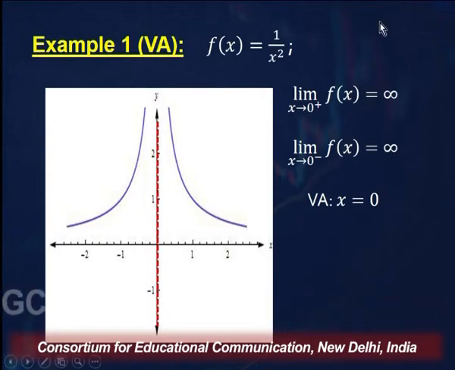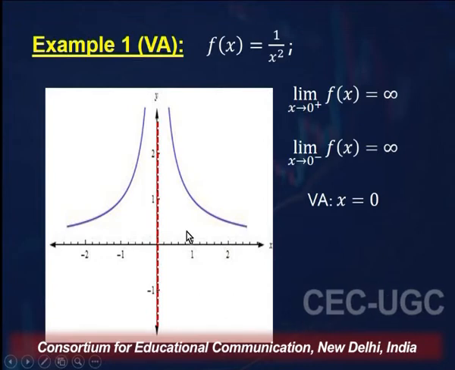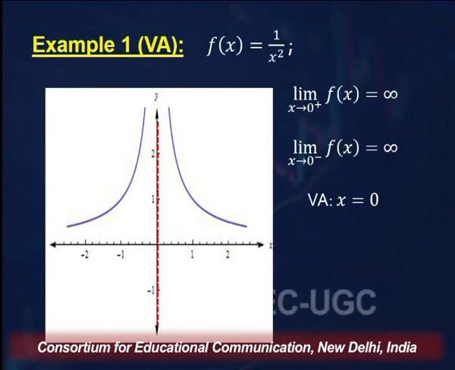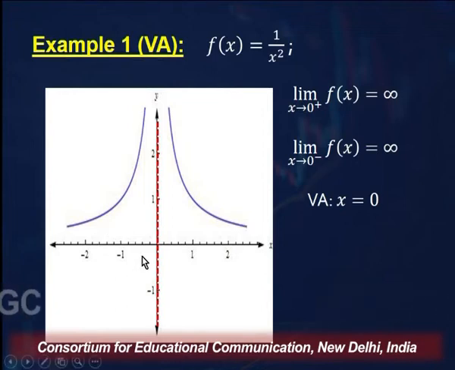Now, if you look at this function, as x approaches 0, whether it approaches 0 from the right or from the left, it does not matter because you have an x squared in the denominator. The function shoots off to infinity.